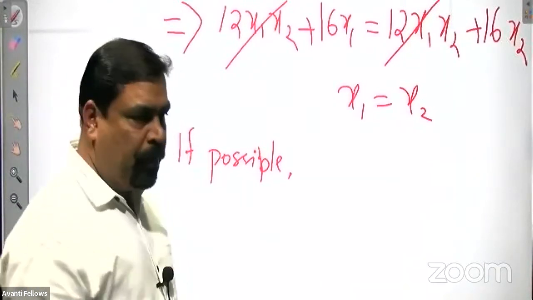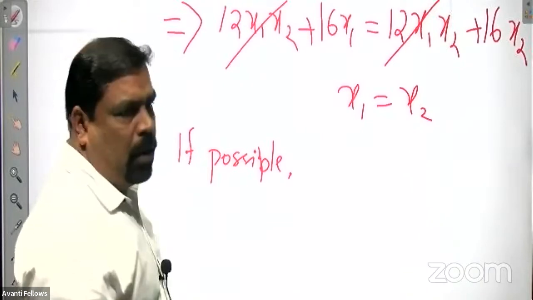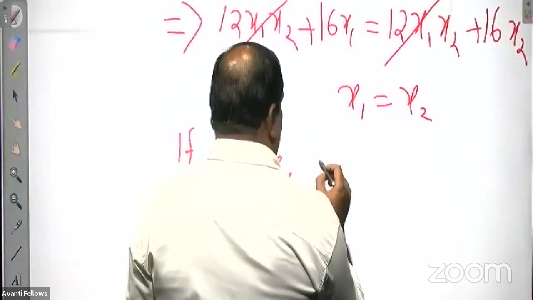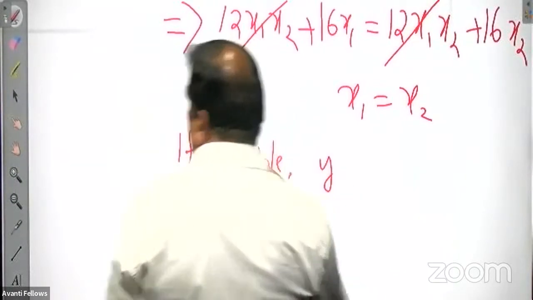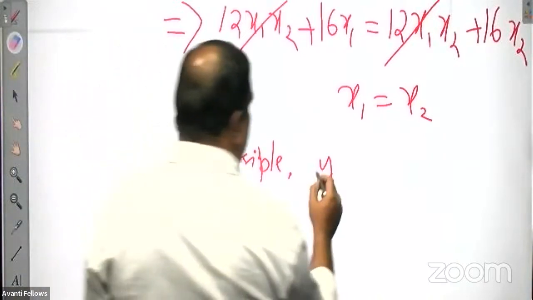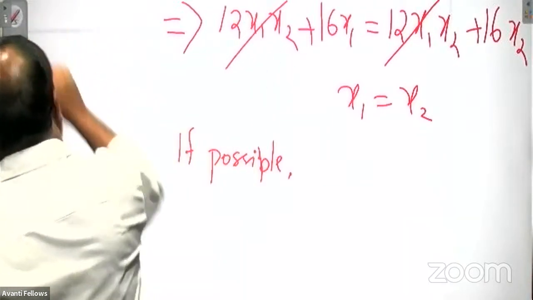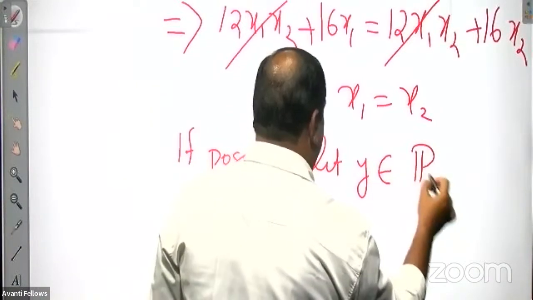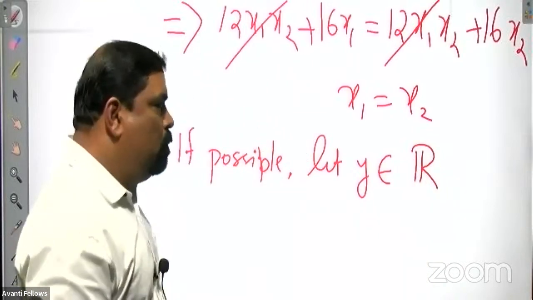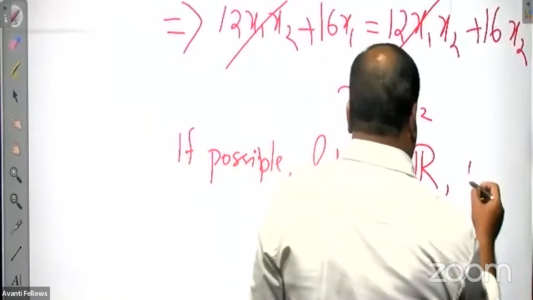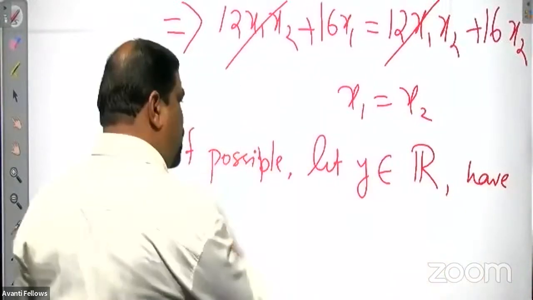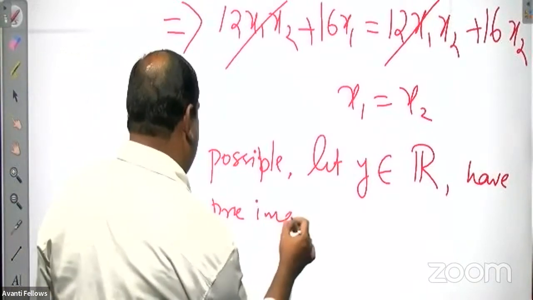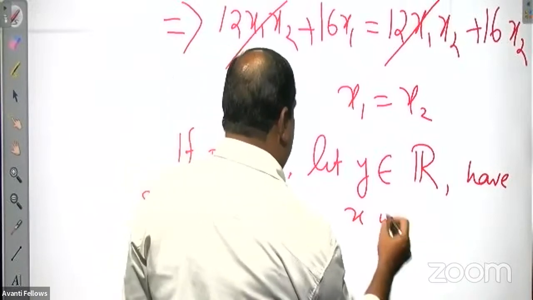Then what happens? Every element in the codomain, choose some y belongs to the codomain, has a pre-image, some x in the domain.